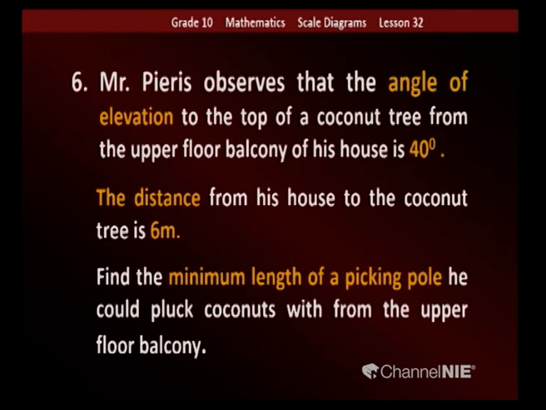And what you have to do is find the minimum length of a picking pole he could pluck coconuts with from the upper floor balcony. That is your question. This is a familiar experience for you, isn't it? Yes. We'll see.